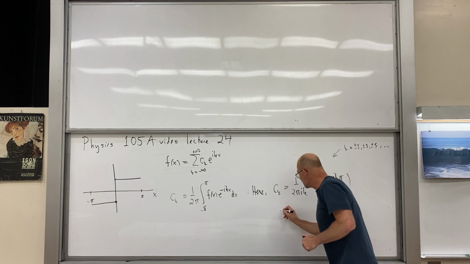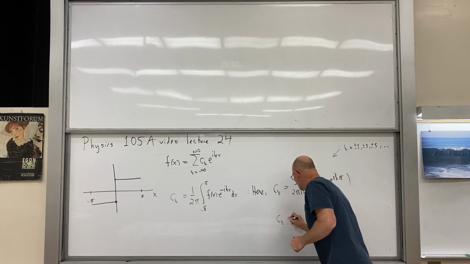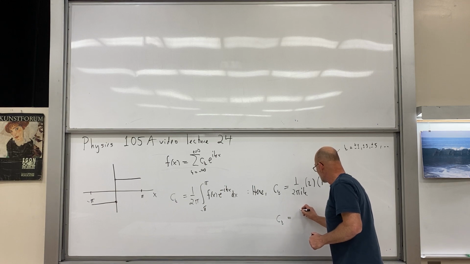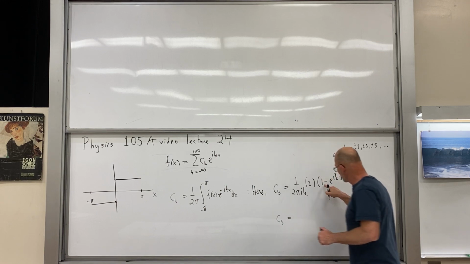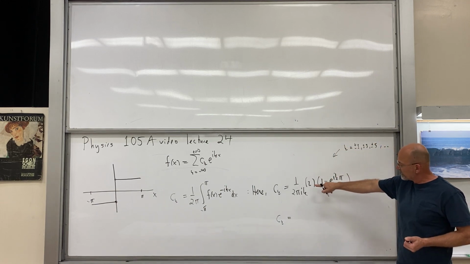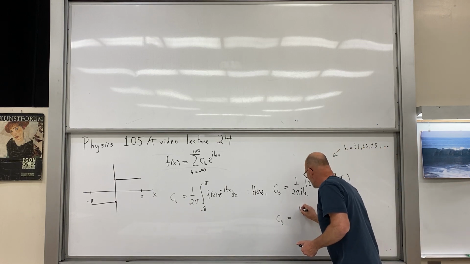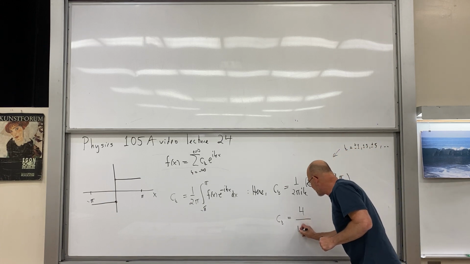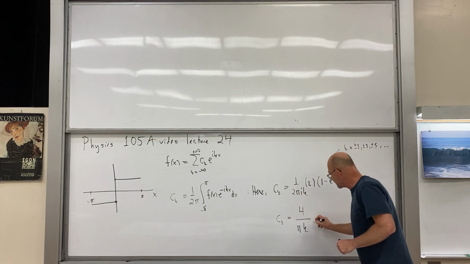So what this turns into, and I'm going to leave everything in place here, we're going to get a 2 from here, so we're going to have 4 over pi times k times 2i.